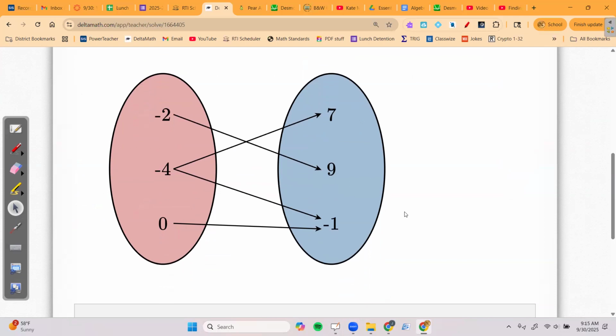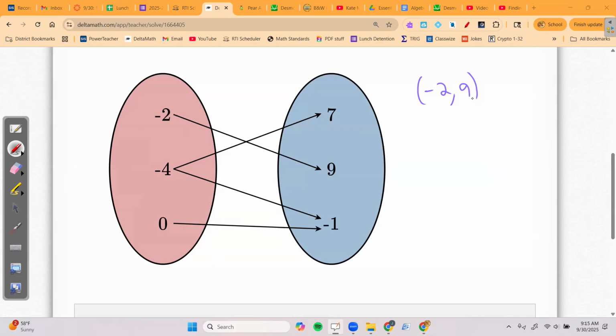It's okay. How many ordered pairs do you think this mapping diagram represents? Who said 4? 4 is correct. One of the ordered pairs, I can tell you right now from this mapping diagram, is -2, 9.